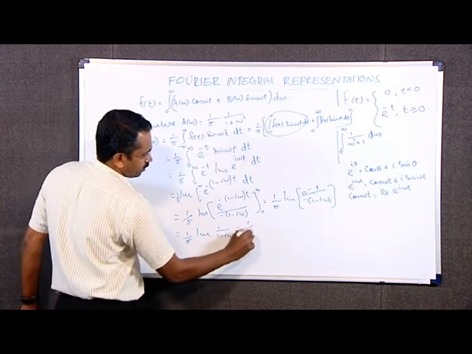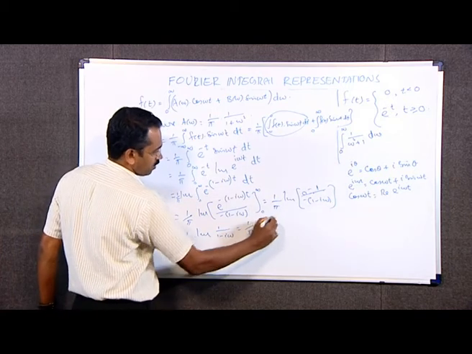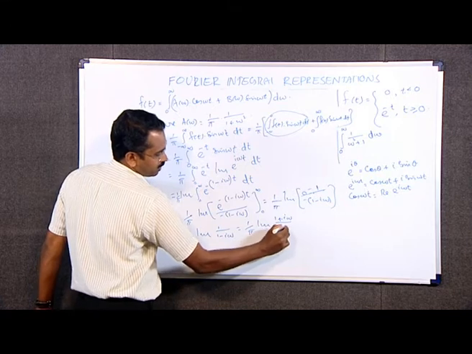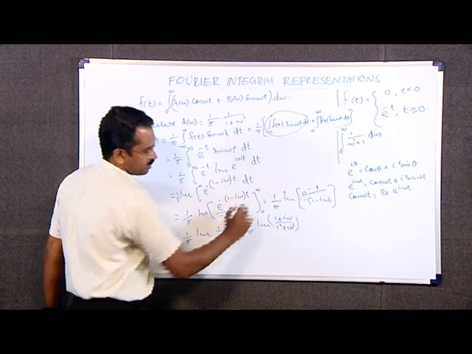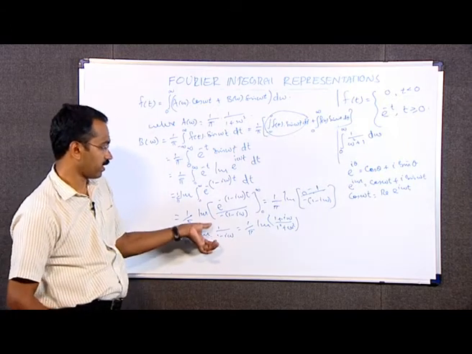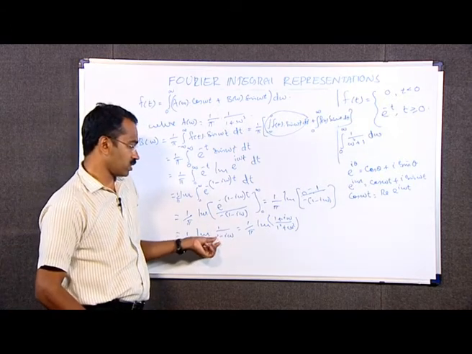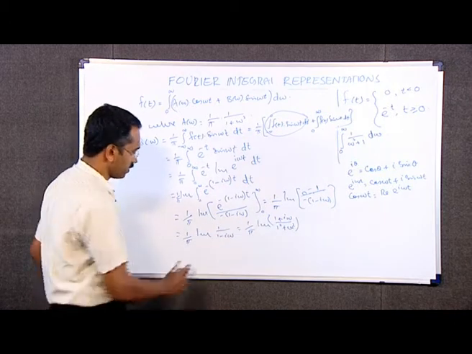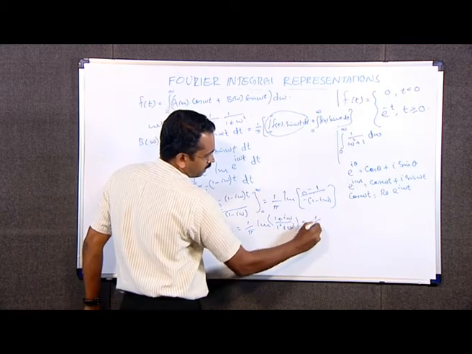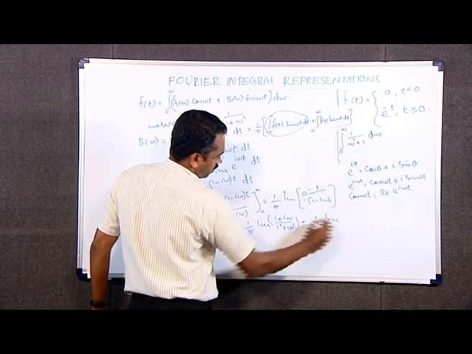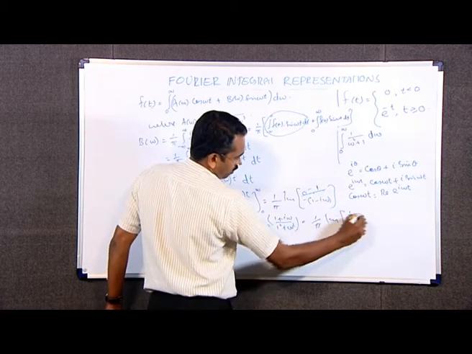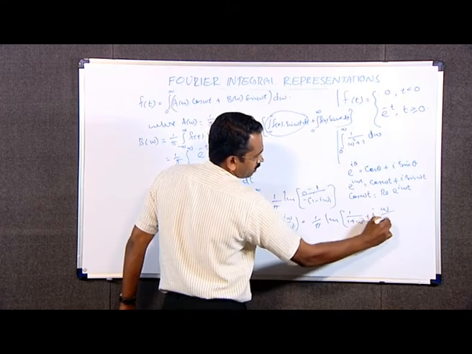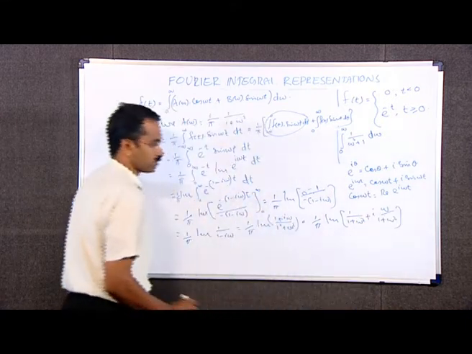that is 1 by pi into imaginary part of 1 plus i omega divided by 1 plus omega square. As in the previous case, we have to multiply the conjugate of 1 minus i omega in the numerator and denominator. We will get 1 by pi into imaginary part of 1 by 1 plus omega square plus i into omega divided by 1 plus omega square.